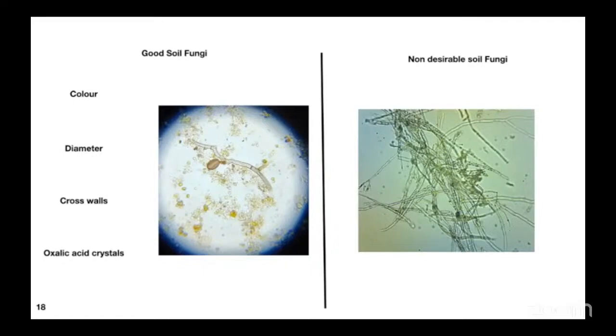They may have cross walls or may not. Some have irregularly spaced septa, whereas with the good fungi, the septa are equidistant apart, but they're not like that most of the time in the bad fungi.